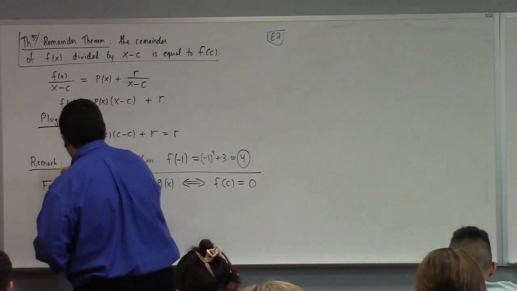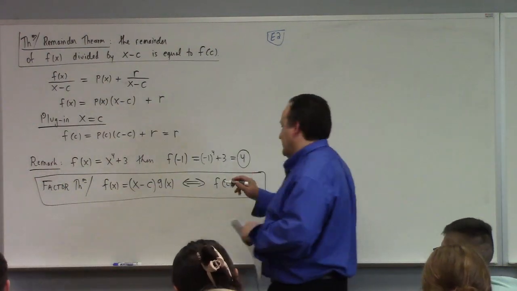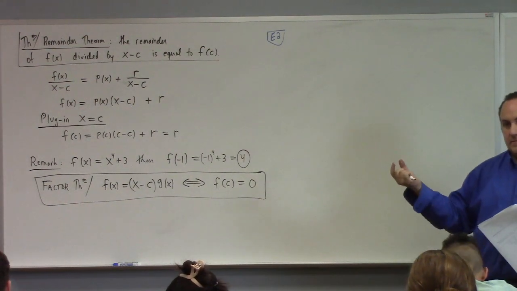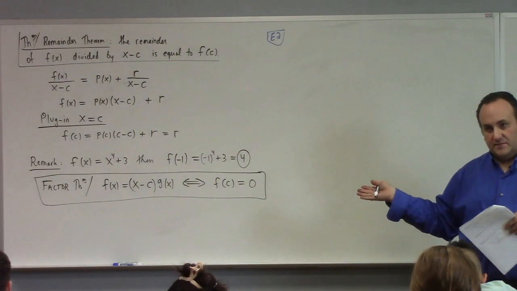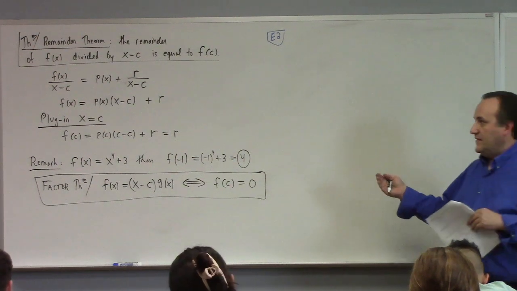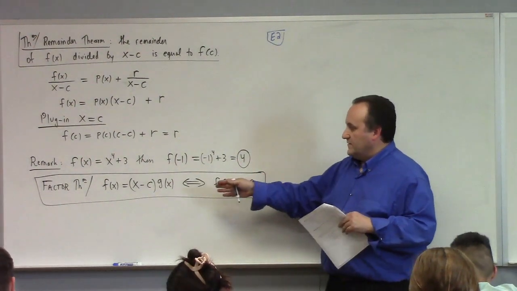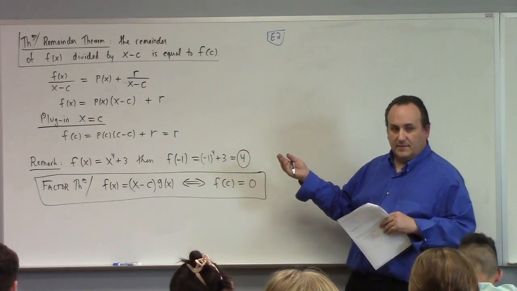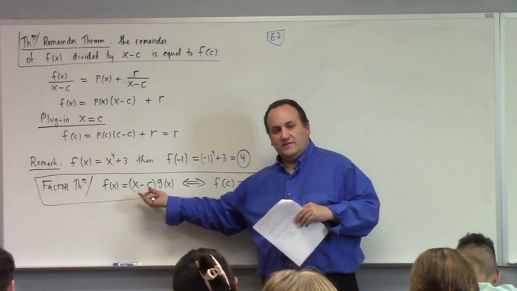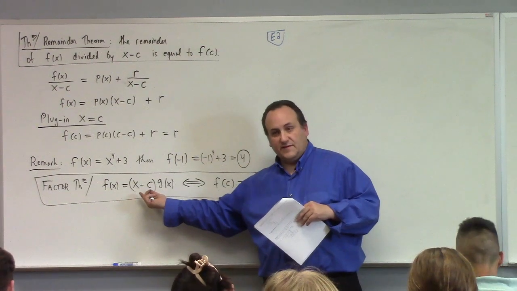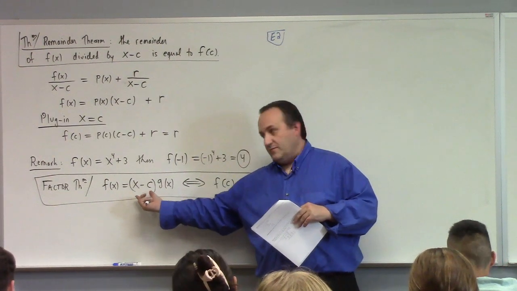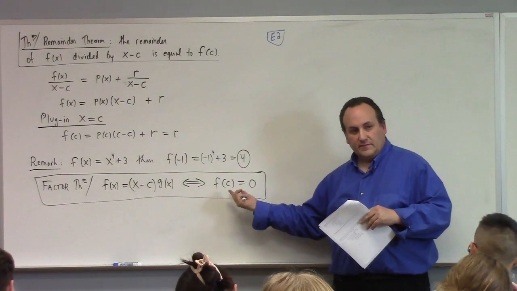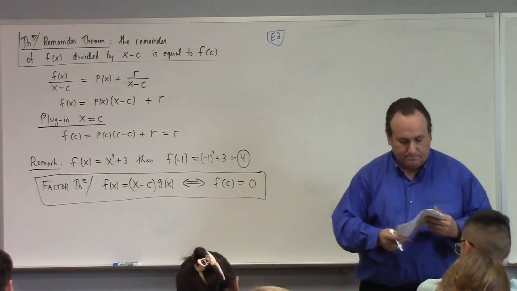It says that there's a one-to-one correspondence between the zeros of your polynomial and the factors. If you look at the remainder theorem, it's almost the same thing, right? If the remainder is 0 upon division by x minus c, that means x minus c is a factor. But by the remainder theorem, it means that f of c is equal to 0. So that's pretty much it.